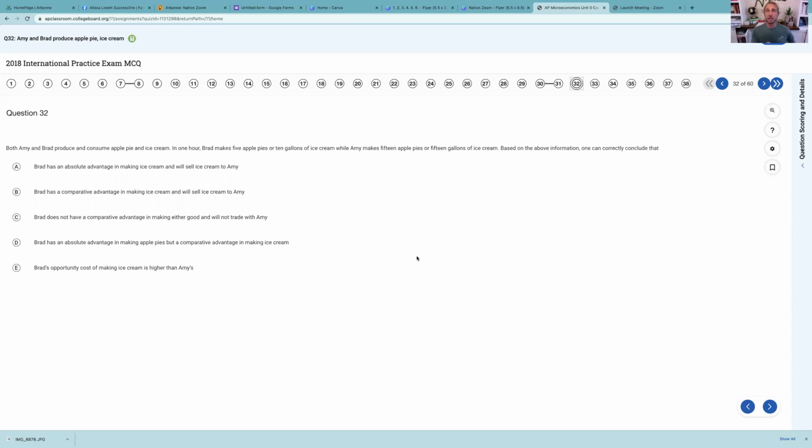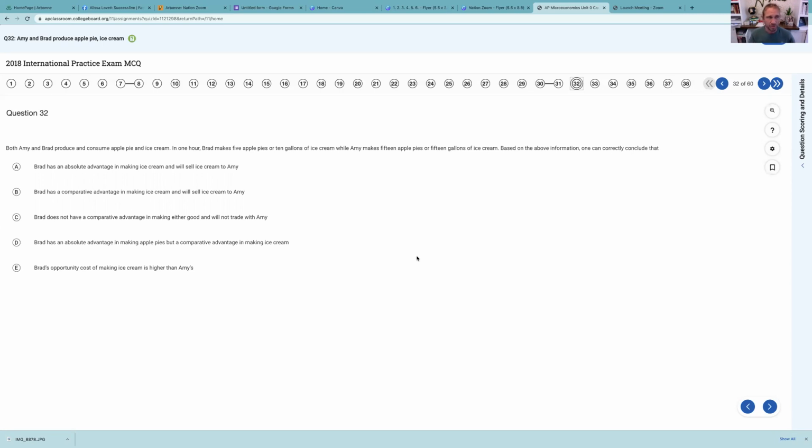So with these types of questions, you can almost always eliminate answer choices. So if you go through, you can eliminate answer choice C, which says that Brad does not have a comparative advantage in either. That won't ever be the case. One person or country will always have a comparative advantage in one thing. The other will have a comparative advantage in the other thing.